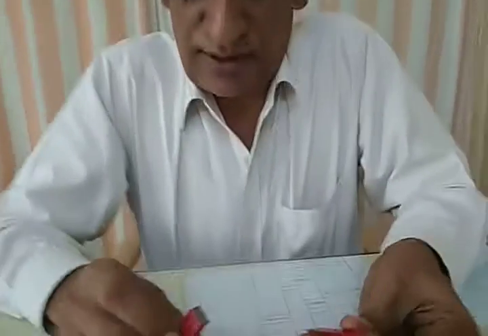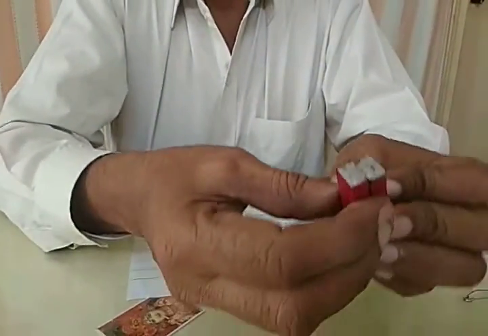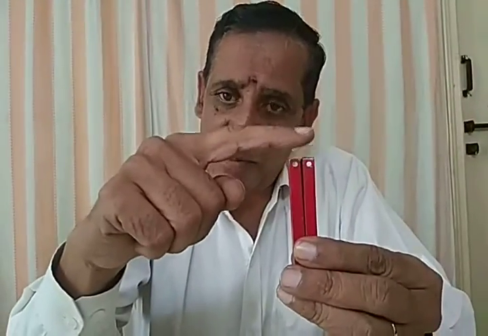We can make out, see, both the magnets have dots here. This is the north pole for both the magnets and this is the south pole. In future classes, I will explain how to identify the north and south pole of a magnet.